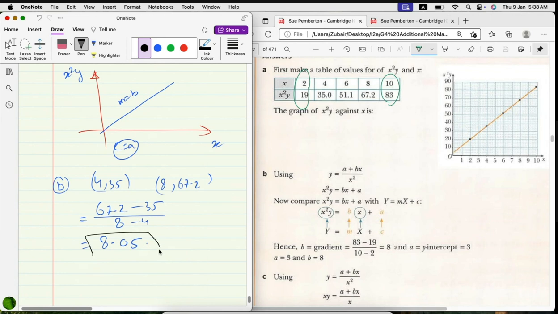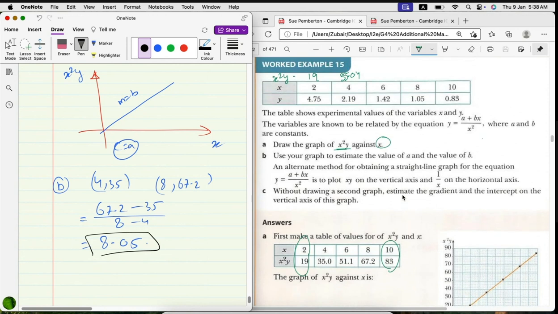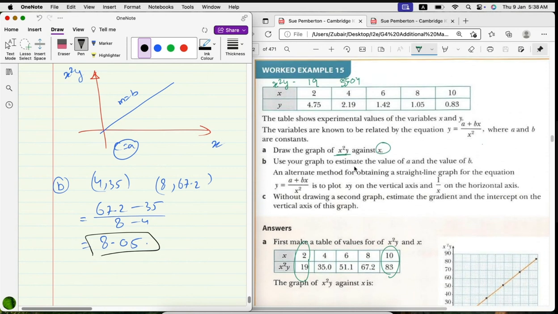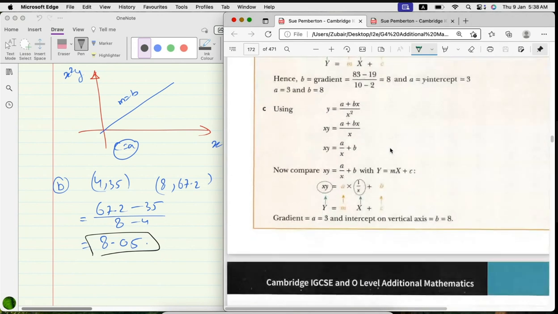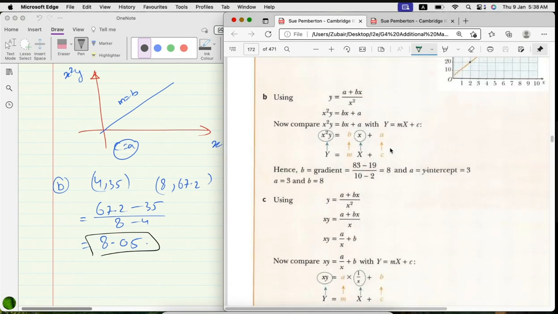So if this is the gradient, let me see. We'll round it because A and B were constants. Let's just keep it for now and see what the difference is.